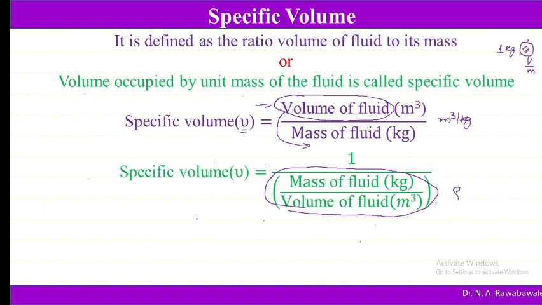So specific volume can be written as v is equal to 1 divided by rho. As I already told you, the specific volume is the reciprocal of mass density. So specific volume small v is equal to 1 by rho, that is in meter cube per kg. 1 by rho means 1 divided by mass density. So it is the reciprocal of mass density, and vice versa.